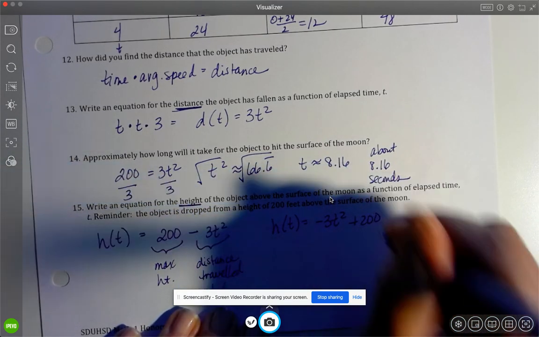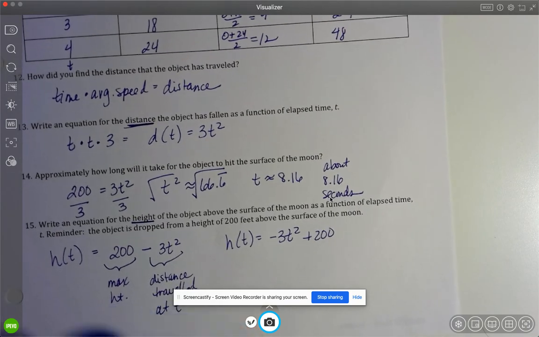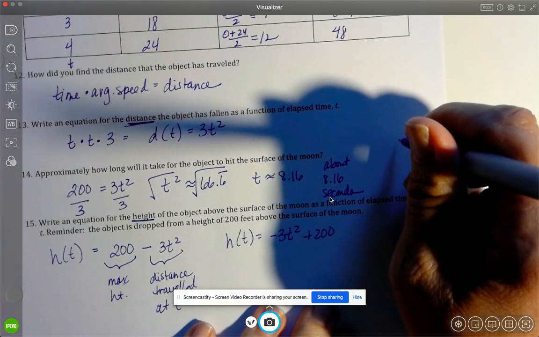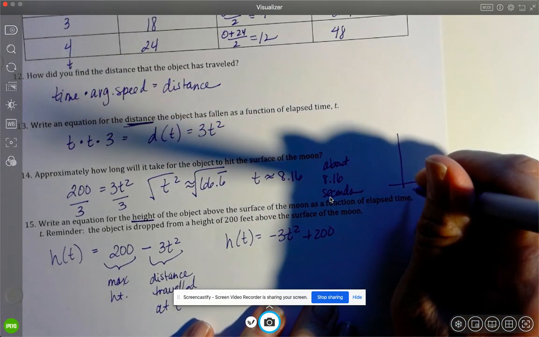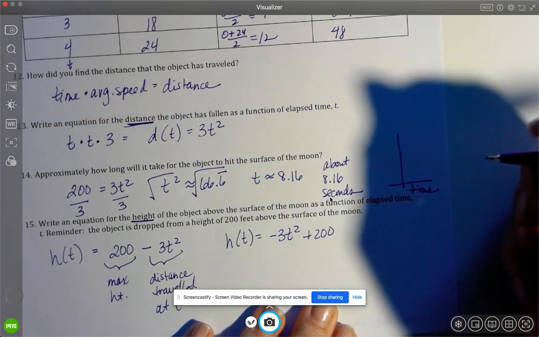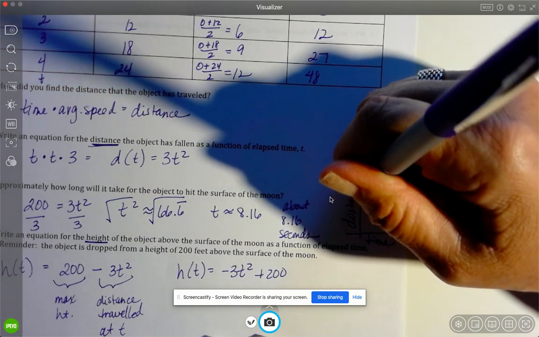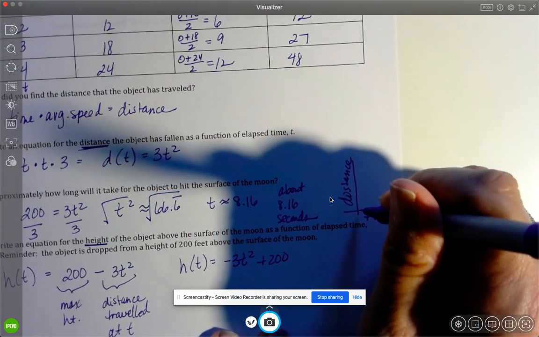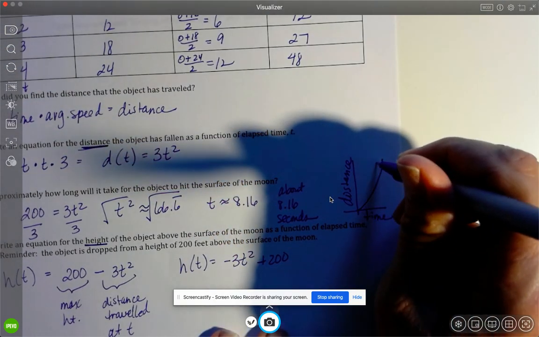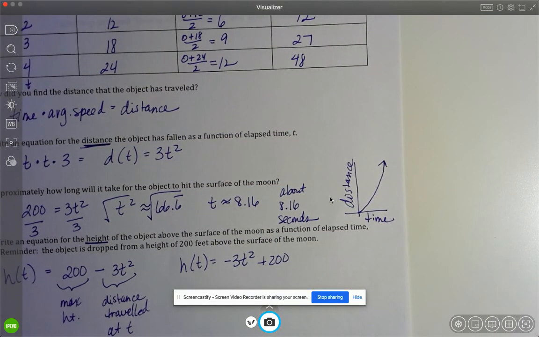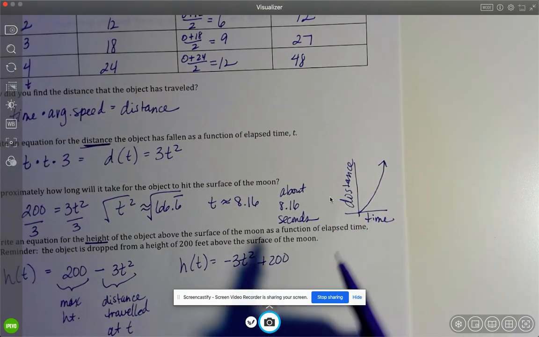Okay, so now just think about these graphs. Like this situation, if you have time down here and distance here, it's kind of going like this. I mean, that makes sense, right? As time goes on, it travels more distance.